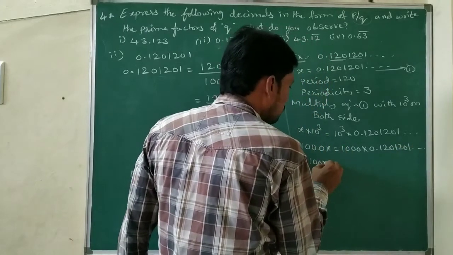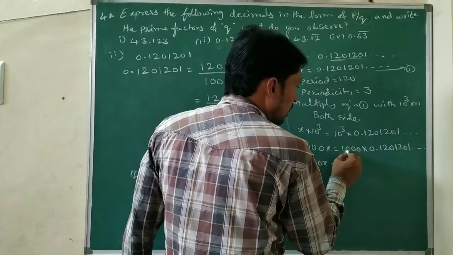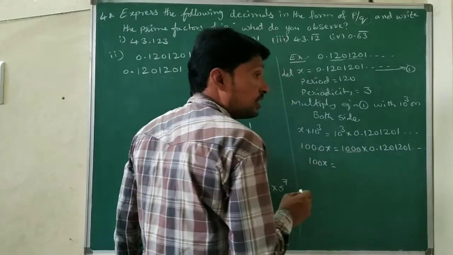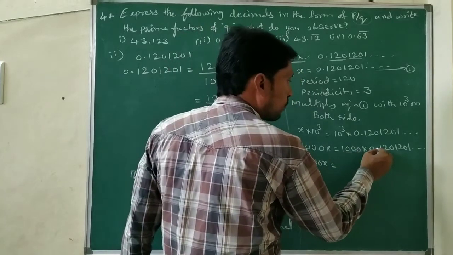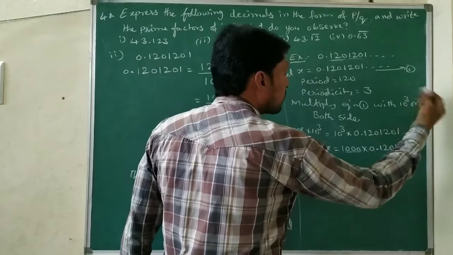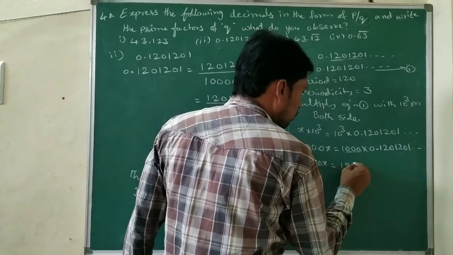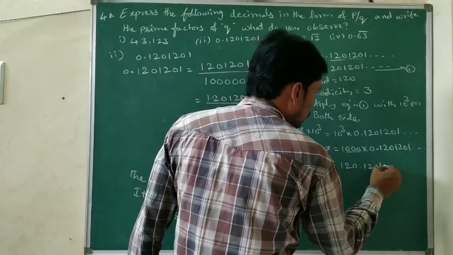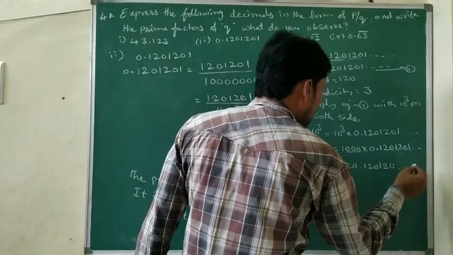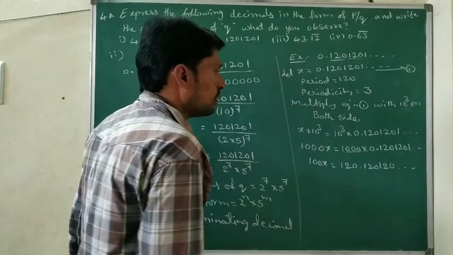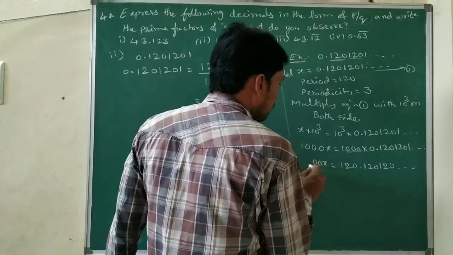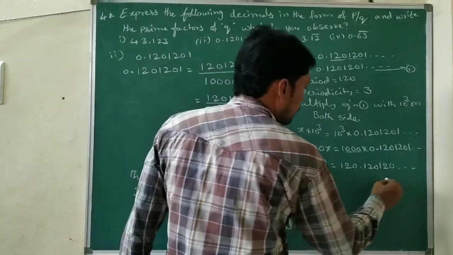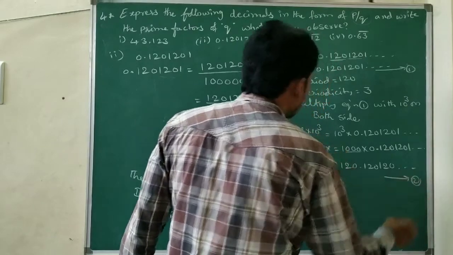Three zeros are there, so the decimal point moves 3 digits. So 1000x equals 120.120,120 and so on. This is equation number 2.